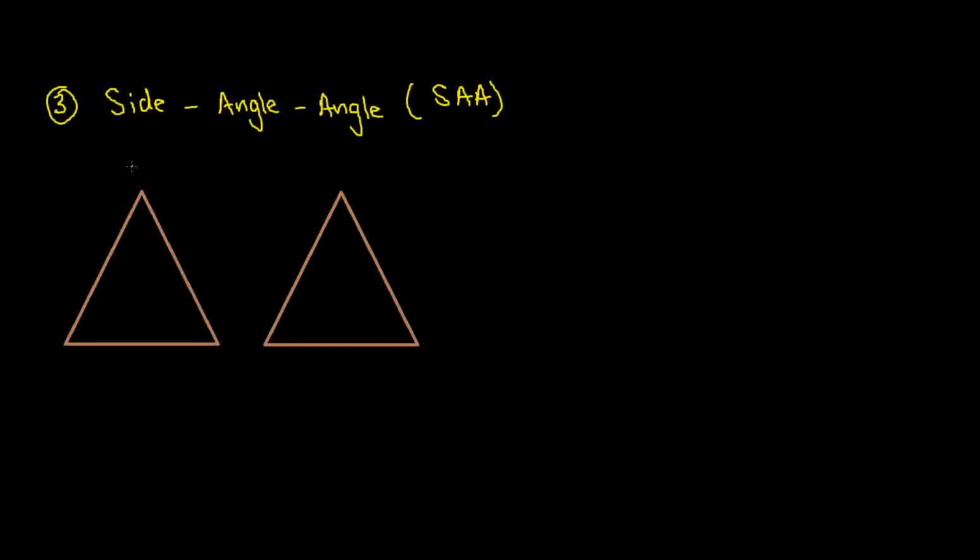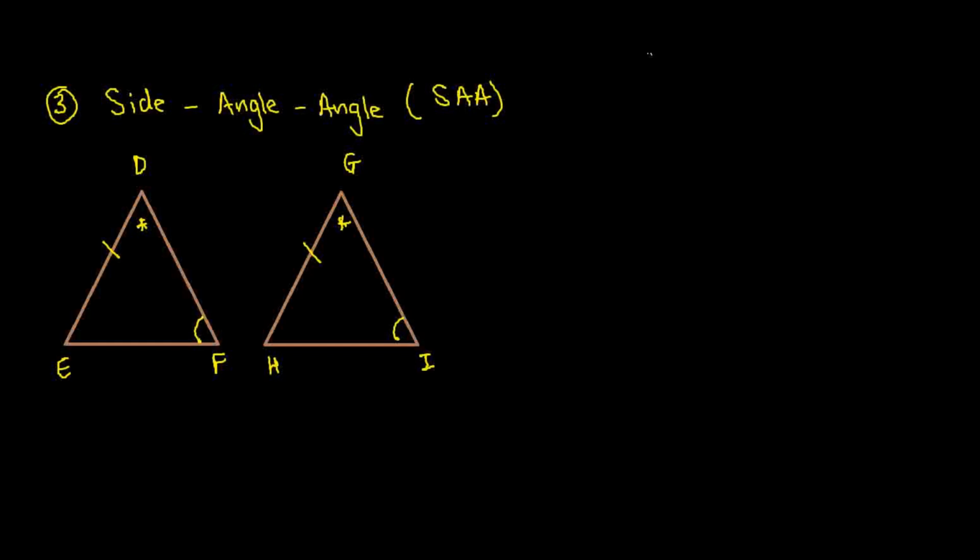So let's say I have triangle DEF, and I have triangle GHI. So I'm given this piece of information, and I'm required to prove that these two triangles are in fact congruent to each other.